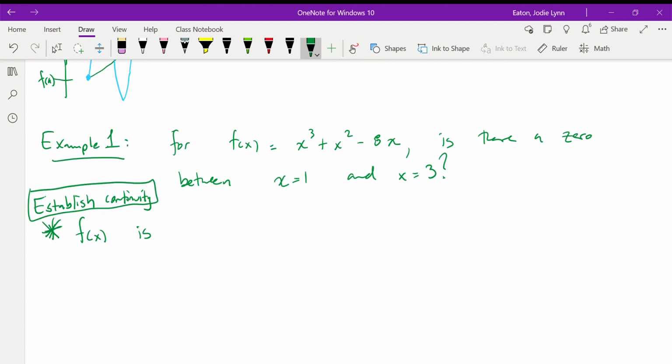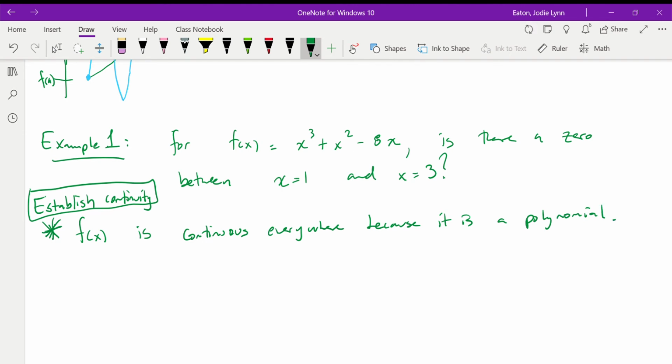You can just say it's continuous everywhere, and it's also for sure continuous on the interval. So f of x is continuous everywhere because it is a polynomial. So it is important to establish that.